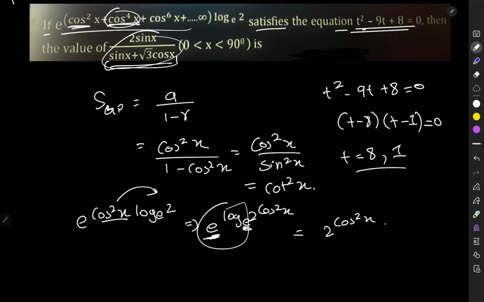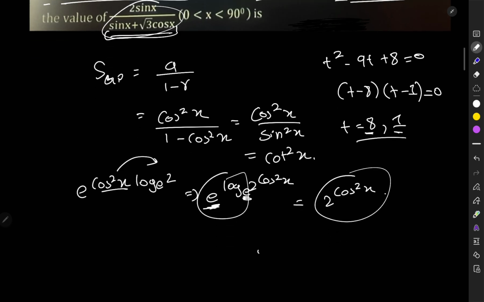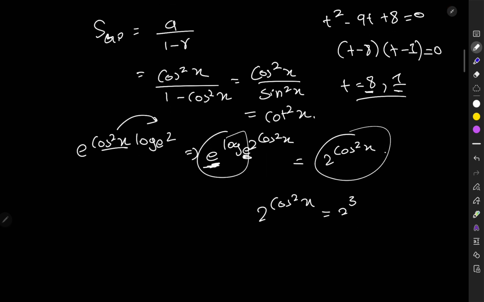Now can I equate this to 8 and 1? 2 to the power cos square x is equal to 8. So 8 can be written as 2 to the power 3, right? So I can write cos square x is basically 3. So cos x is plus or minus root 3, right?